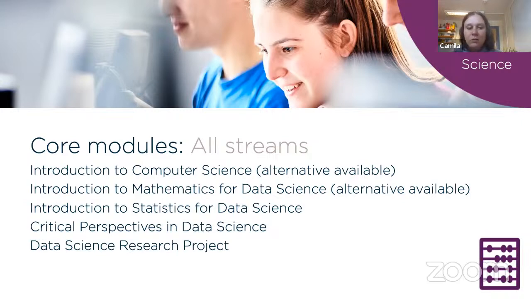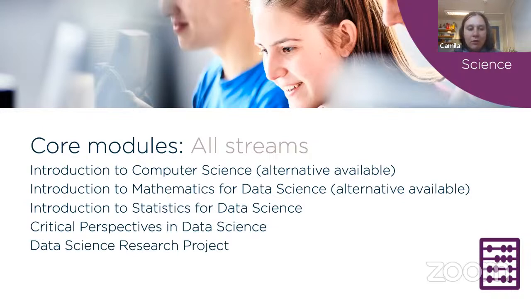The Introduction to Computer Science, which is delivered by the computer science department. Introduction to Mathematics for Data Science, which is delivered by the maths department. Introduction to Statistics for Data Science, delivered by our maths department. Critical Perspectives in Data Science, delivered by anthropology. And everyone has to work on a data science research project during the summer.